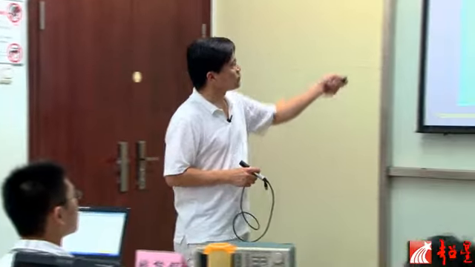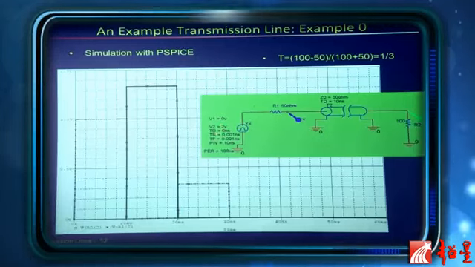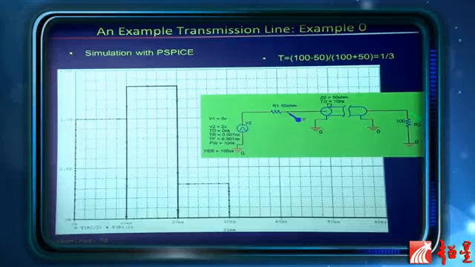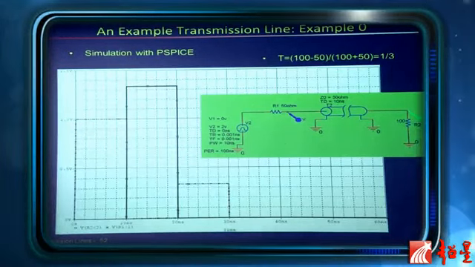Second thing is we assume this source is a step source. This is a step source. There's a 2 volt step. So what we want to do is to find out the wave propagation of this.